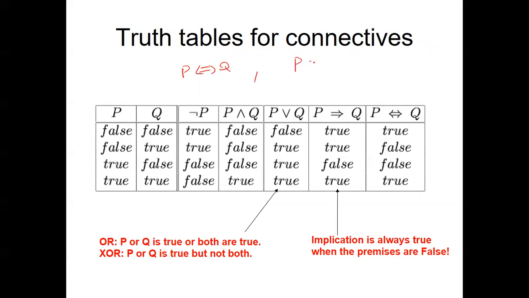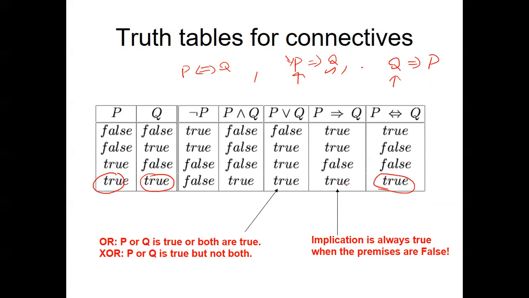It means that P implies Q and Q implies P. So it means that if P is true, Q should be true, and also if Q is true, P should be true. So first let us identify the cases where P is true and Q is true. Here P is true, Q is true. So this is true.